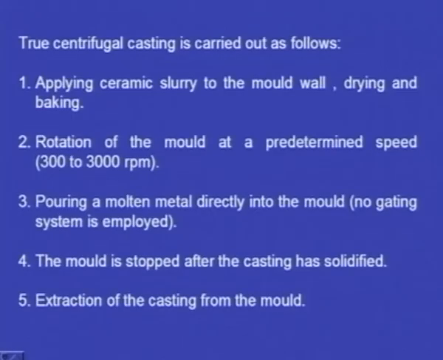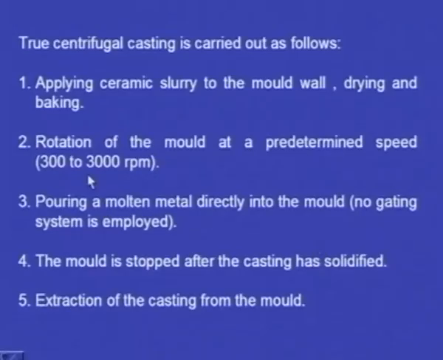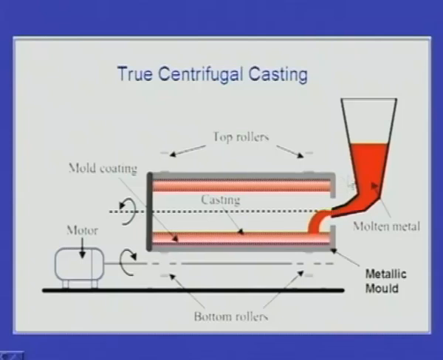This ceramic slurry should be dried, and after it is dried, it should be kept in an oven for baking. The mold should be rotated at a predetermined speed, and the speed will be 300 to 3000 rpm. During that time, we pour the molten metal.